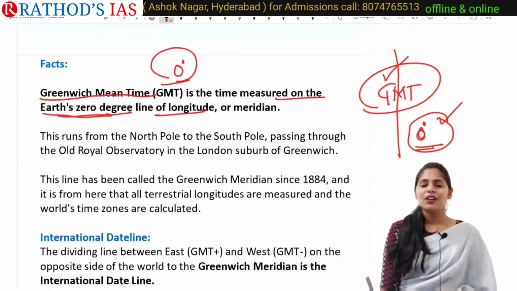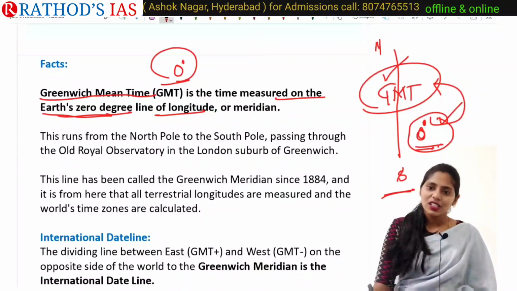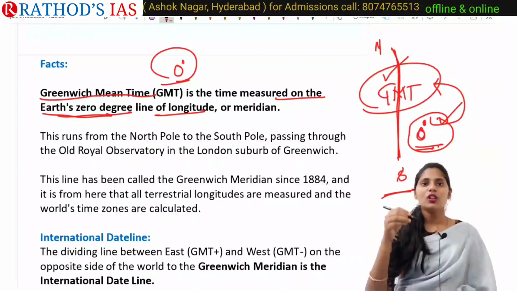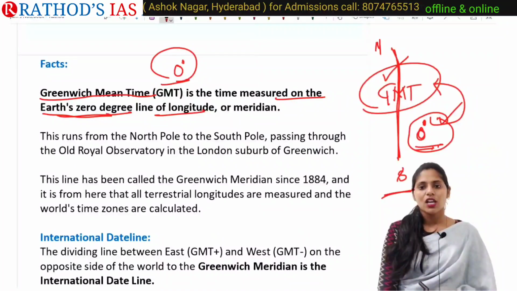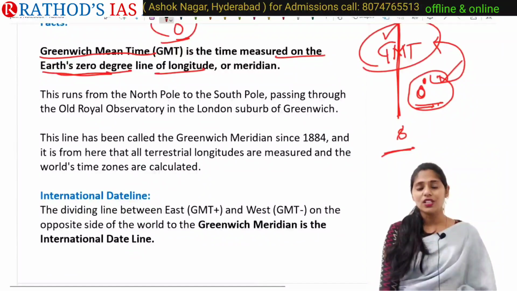Whatever time we calculate at this Greenwich meridian is called Greenwich Mean Time. It runs from North Pole to South Pole. We already know that this 0 degree longitude passes through the Royal Observatory in London, and it has been called the Greenwich line since 1884.